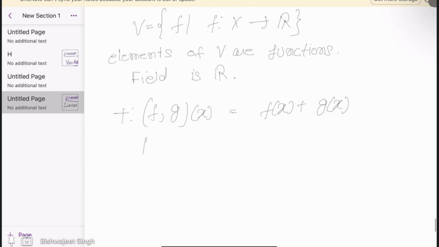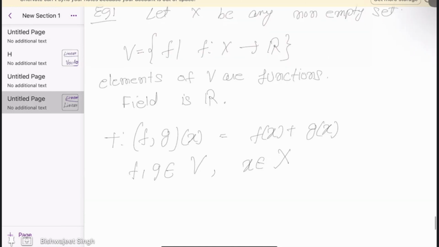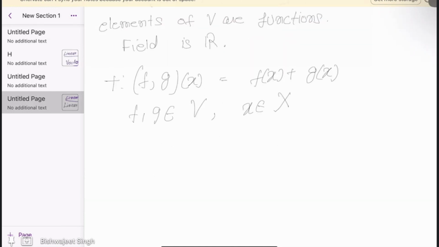Where this f and g belong to my V, and this x belongs to the capital space X on which the function is actually defined, which is the domain of the function, right? Because what is f? f is actually a function from the set X to R, so this small x is coming from the domain. So this is how we define the plus operation.